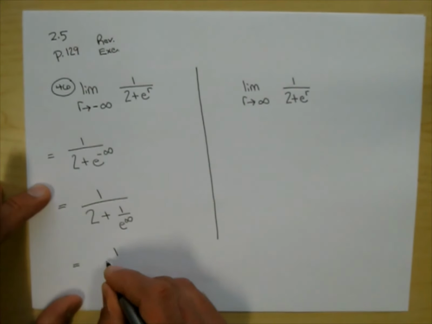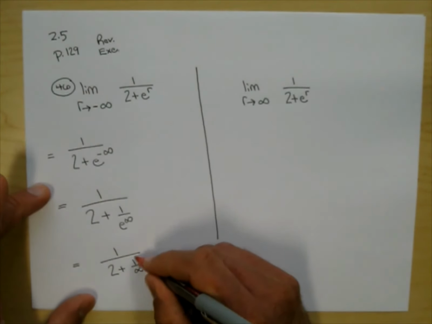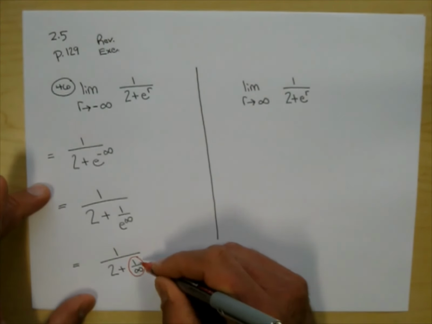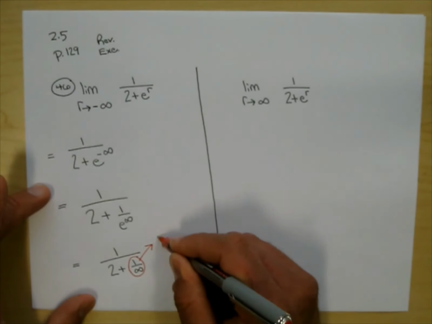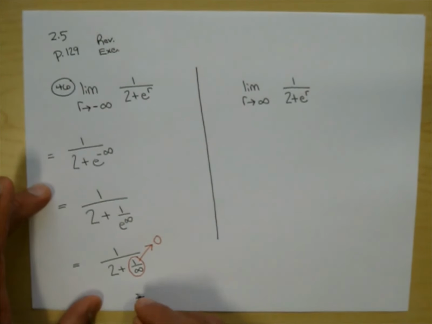I'll write this out a little more: 2 plus 1 over infinity. But this 1 over infinity here actually goes to 0. Now that's not 0 completely on the bottom of that fraction, it's just that little part of it. So this is really 1 over 2 plus 0, which is 1/2.